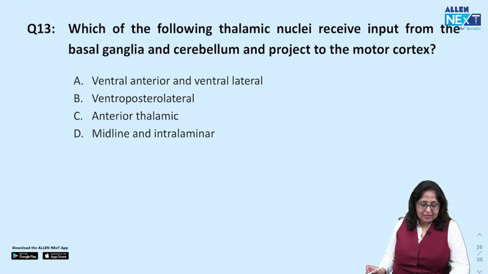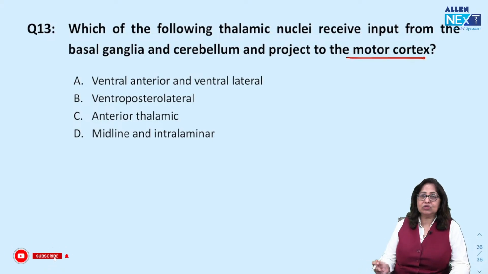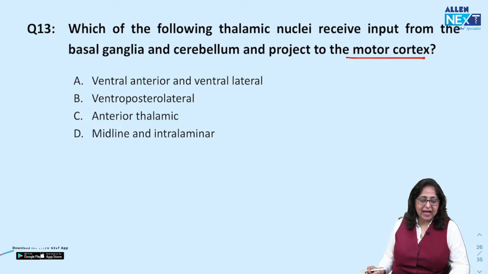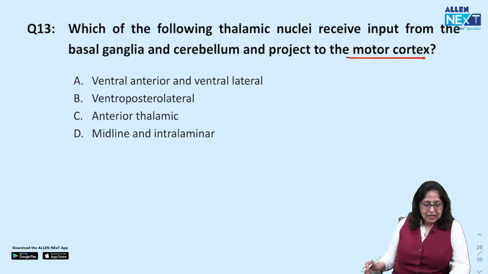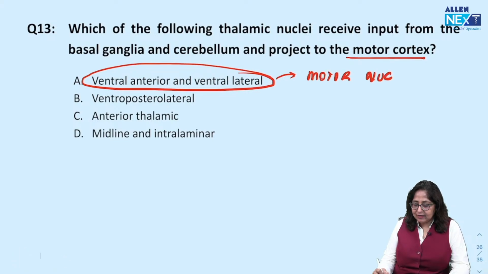Which of the following thalamic nuclei receive input from the basal ganglia and cerebellum and project to the motor cortex? Now basically, when we are talking about motor cortex, we want to know which are the motor nuclei of the thalamus. The motor nuclei of the thalamus are ventroanterior and ventrolateral.